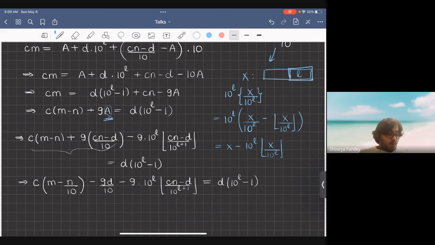Okay, and now this 9d by 10 can go here, which is equal to d times 10 to the L minus 1 over 10, right?